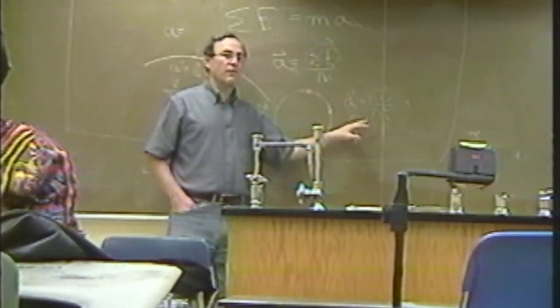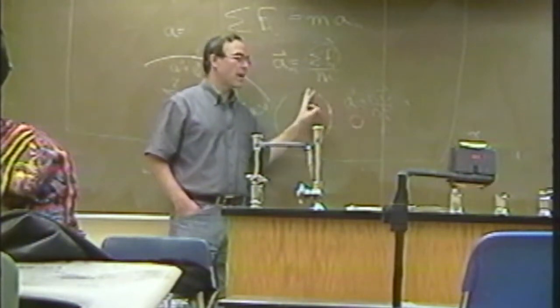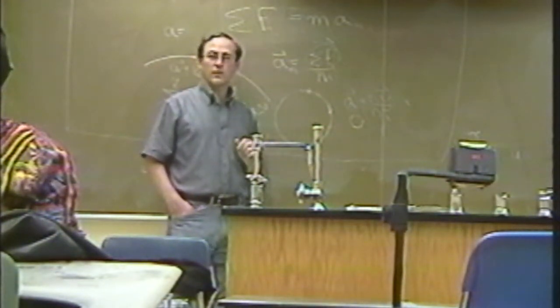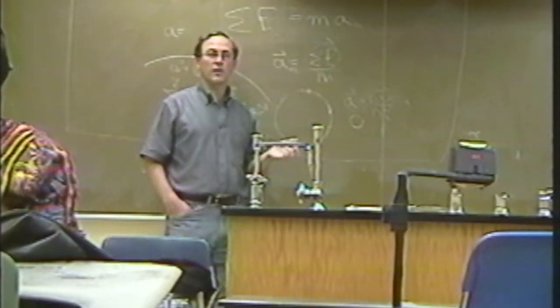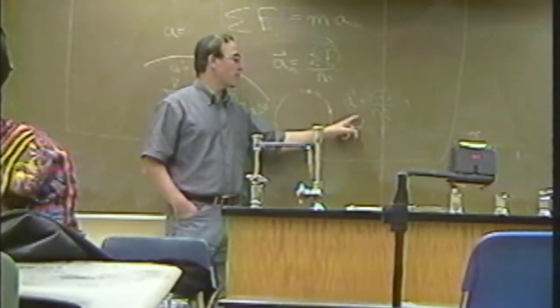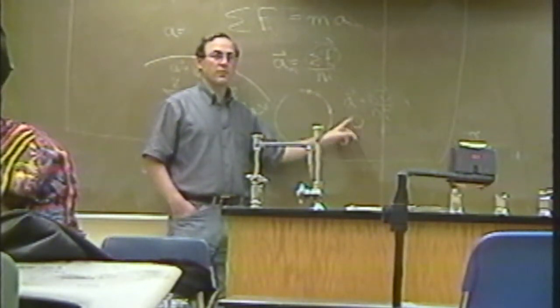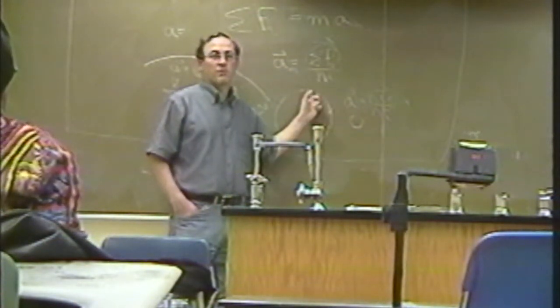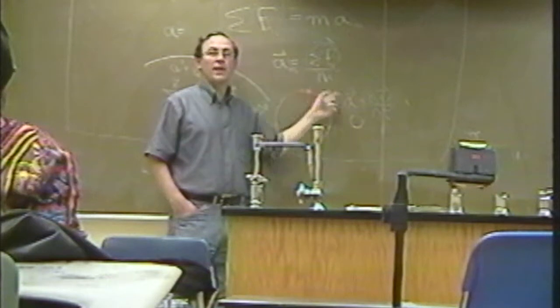The magnitude of the velocity, how would you compare it between these two cases? What do we call it in English? Speed. How do you compare the speeds here? They're the same. We're given that they're the same, 50 miles an hour, whatever. So the magnitude is the same.